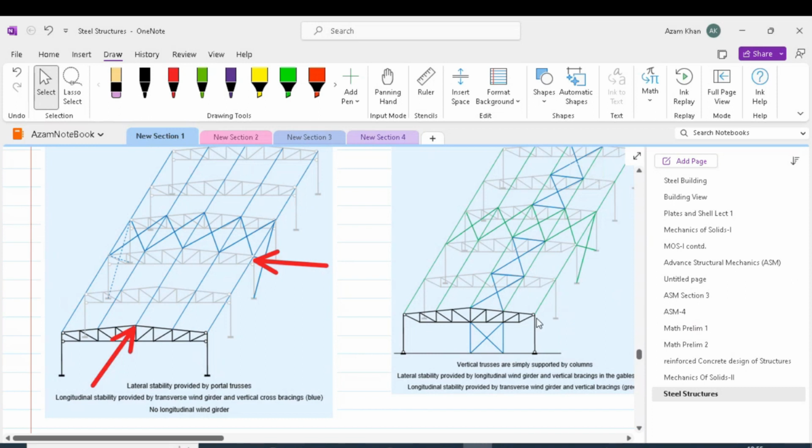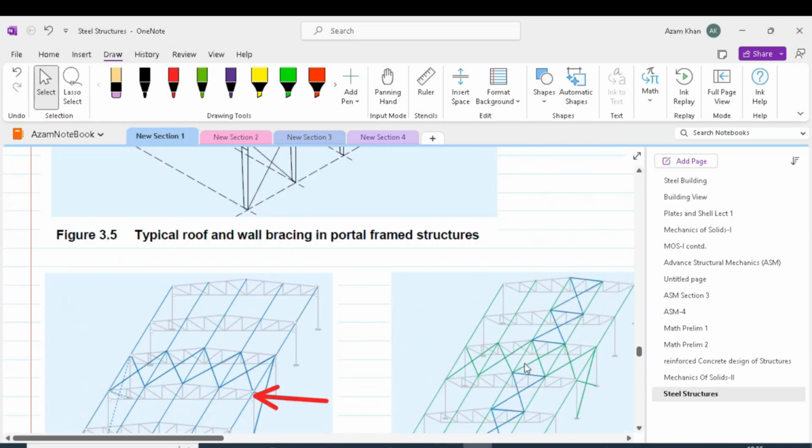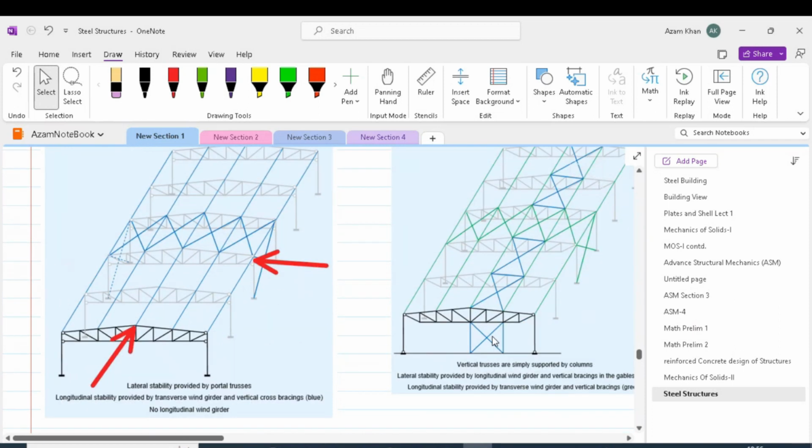This pinned system can be stabilized by providing a truss system shown over here, which transfers the lateral load in plane of the frame to the ground, and also a truss system provided as shown over here, which transfers the out of plane loading to the ground.